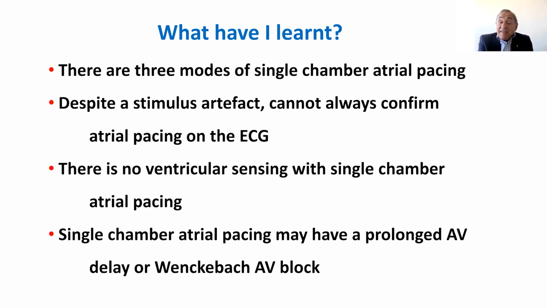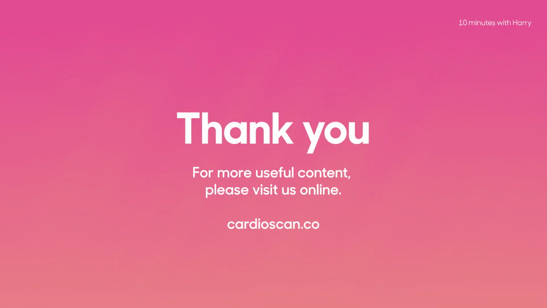Single chamber atrial pacing may have a prolonged AV delay or Wenckebach block, and both of these are important to consider when using single chamber atrial pacing. And it may be better in these scenarios to use dual chamber, or at least have a second lead available to be able to program dual chamber pacing when it is appropriate.